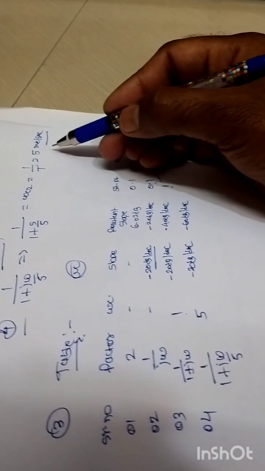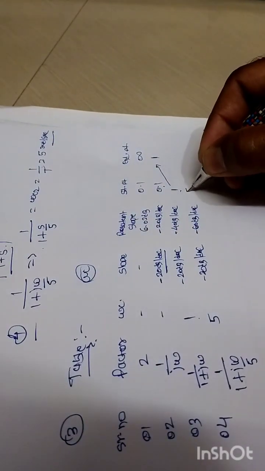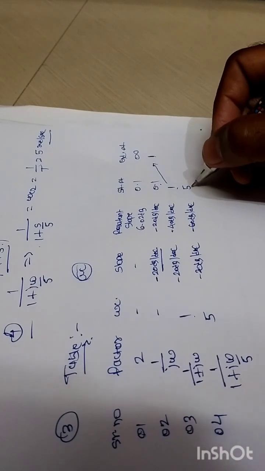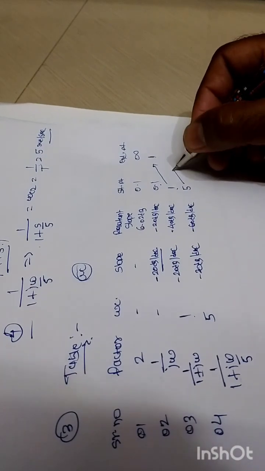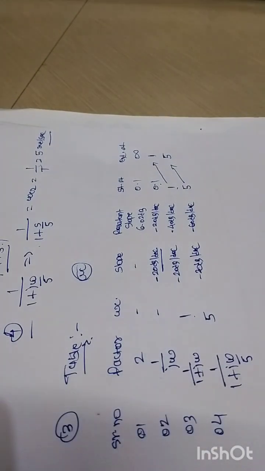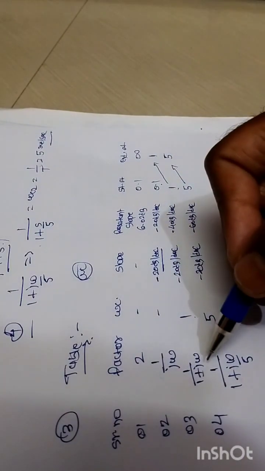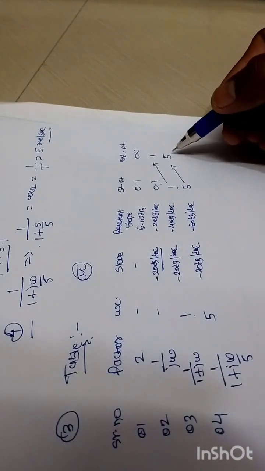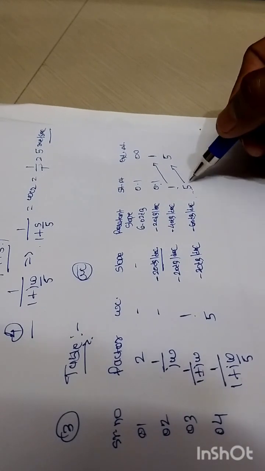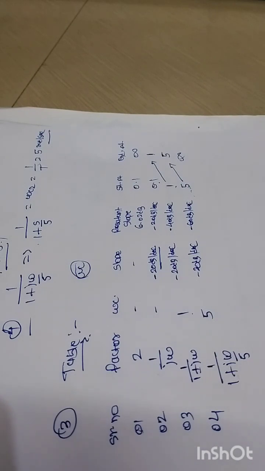Its corner frequency. The corner frequency for this factor is 5 radian per second, so this will be 5, right? If the starting point is 5, so obviously the end point for the previous factor will be 5. So in this way it is decided that the ending point for factor number 3 will be 5 radian per second, and the end point for this factor will be towards the infinity, right?